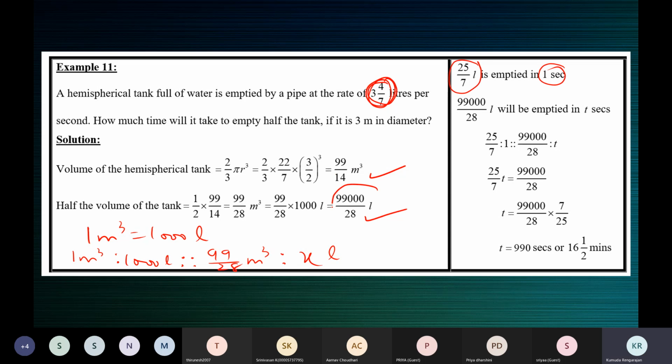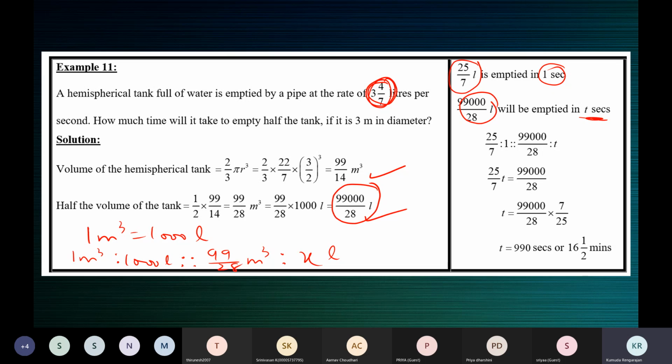So much water will be emptied in T seconds. 25 by 7 liters is emptied in 1 second. So 99,000 by 28 liters will be emptied in T seconds.